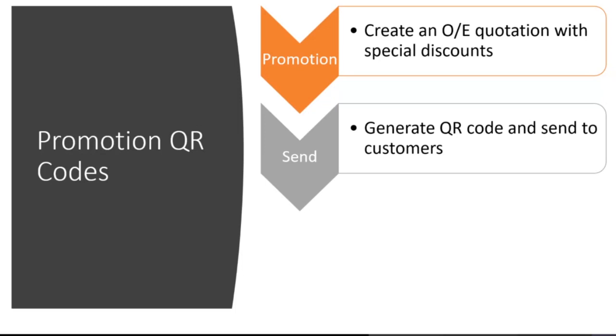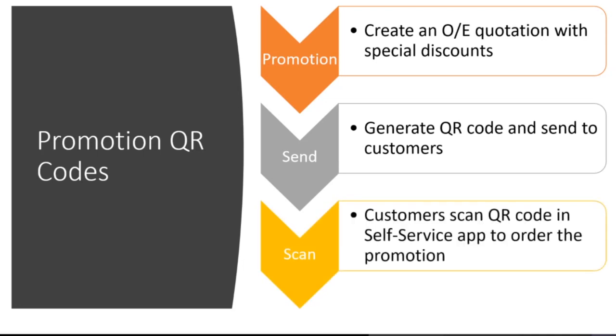Once they generate the QR code, they can send the QR code to their customers about the promotion. And for their customers, once they get the QR code, they use the self-service app, scan the QR code, and then they can see details of the promotion and order the promotion right away.